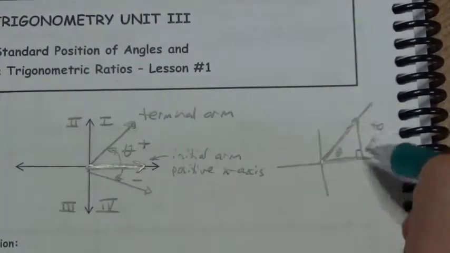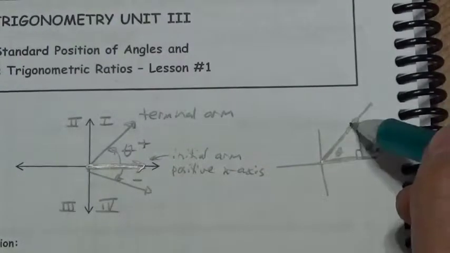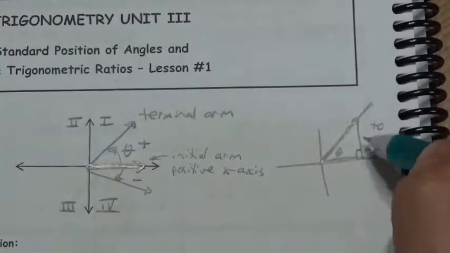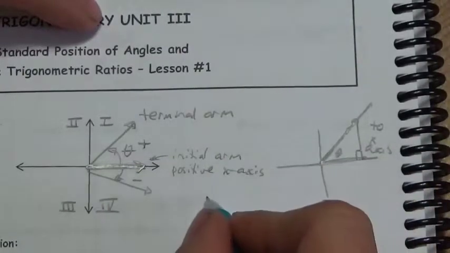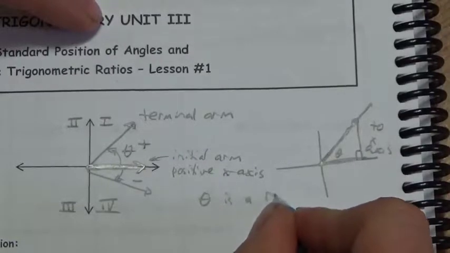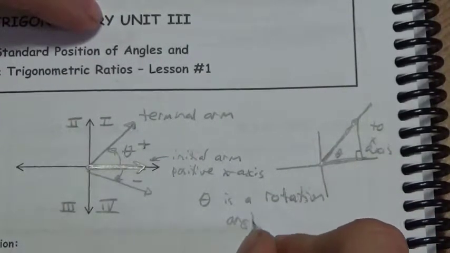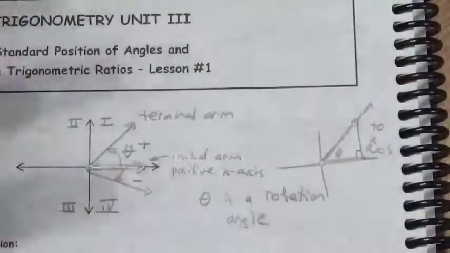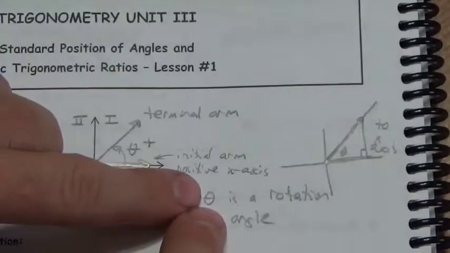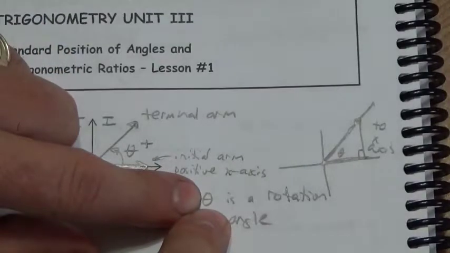We always define it in terms of the sides that we get when we drop the side to the x-axis. And we call that angle theta. Theta is a rotation angle, and in this case, it's a rotation angle in standard position. All that we're going to be doing here is about analyzing that angle theta. You're going to see the introduction of other angles here, but that is the one that we're interested in.